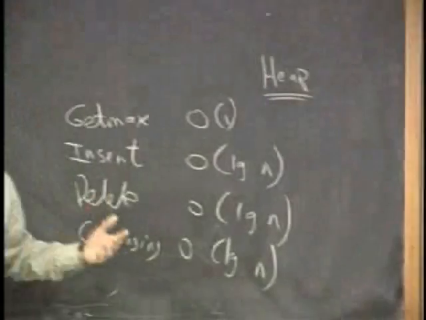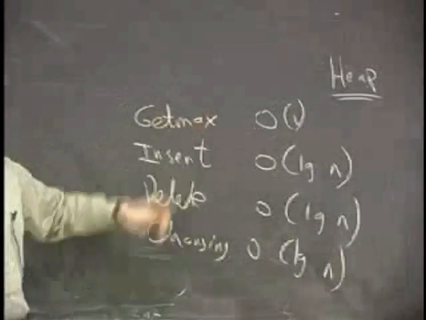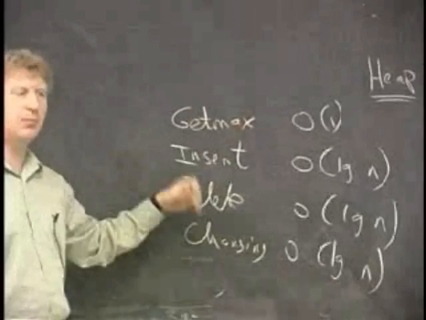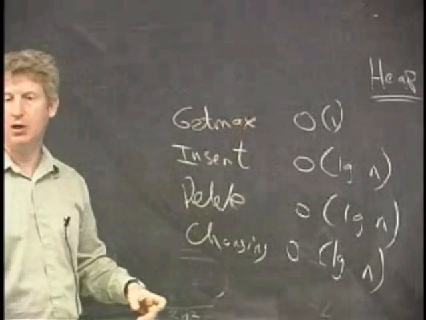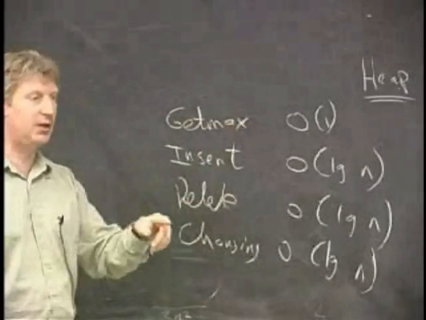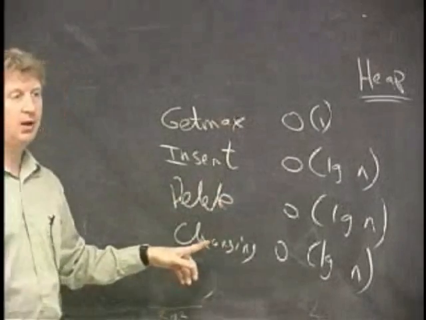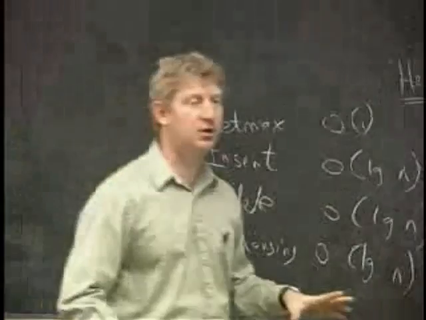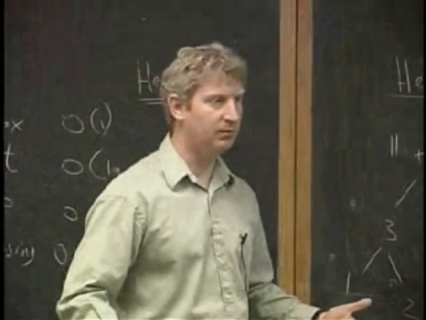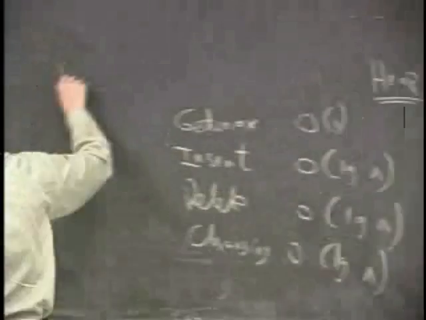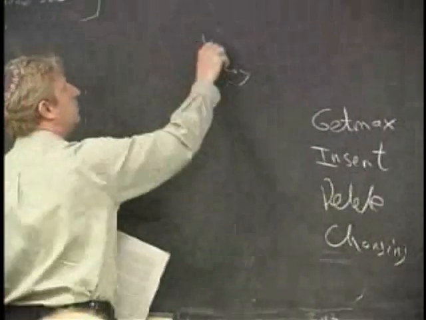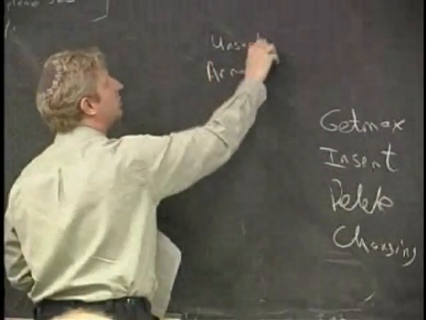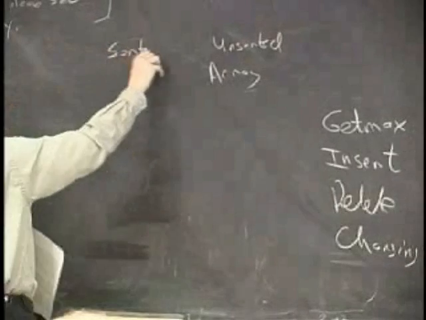You want to get the next one online? Get the max. You want to put a new person in? Insert. You want to take a person out of the queue? Delete that person. You want to change the priority of a person who's already in the queue? Change it. Now let's pretend we did a priority queue in a much simpler way and compare it to this. We'll do it with two very obvious ways, an unsorted array and a sorted array.